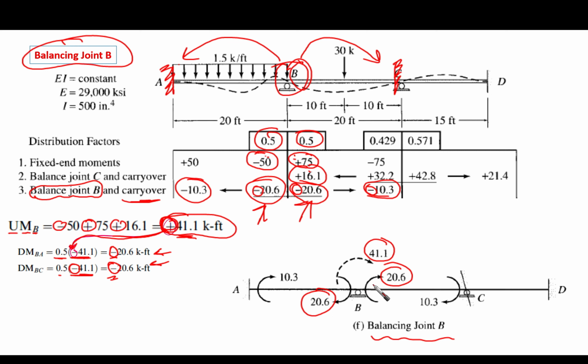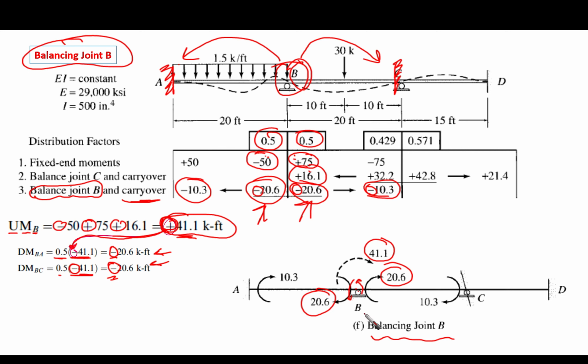Take care, as I said many times, these are end moments. So if we're talking about the joint, they should be reflected on the joint in the opposite direction. Their opposite direction in the joint would counterbalance the joint unbalanced moment. So here it is a consistent type of signs.